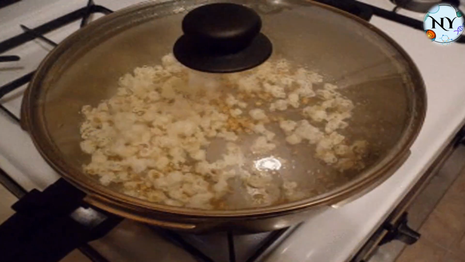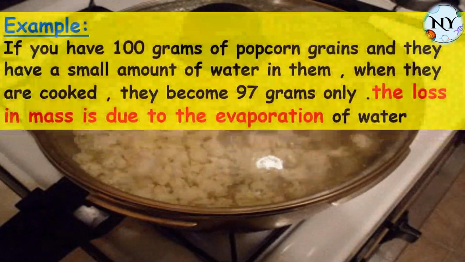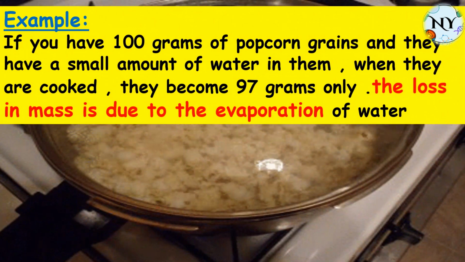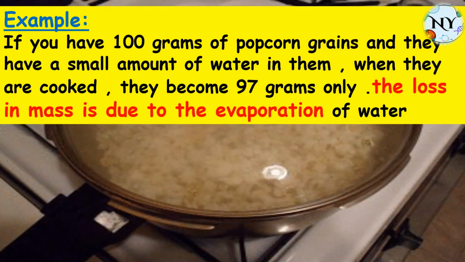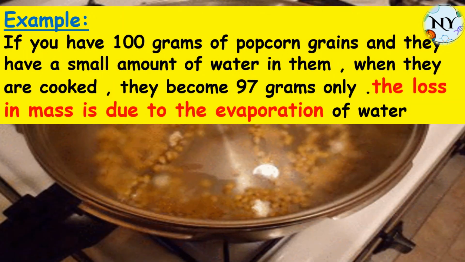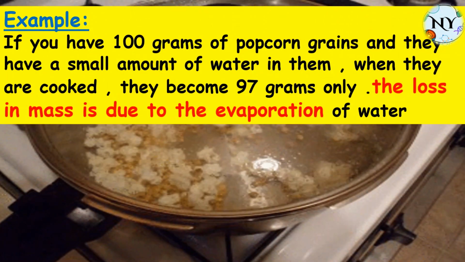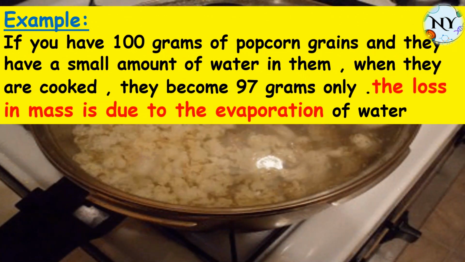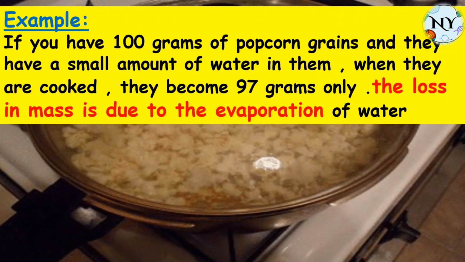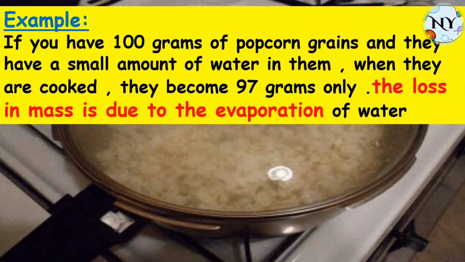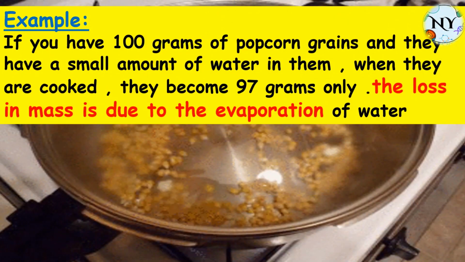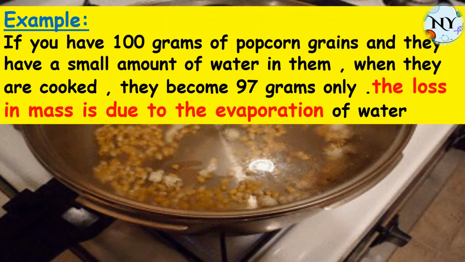What can you see here? Popcorn. Great job. Here we have 100 grams of popcorn grains, and they have a small amount of water. So again, we have 100 grams of popcorn grains, but they are wet or moist because they contain water.